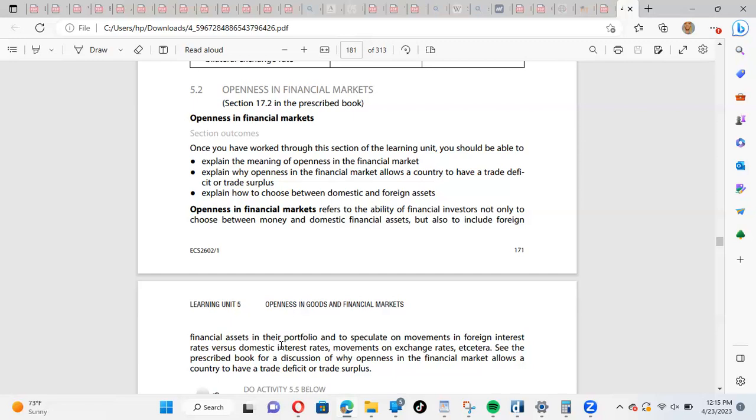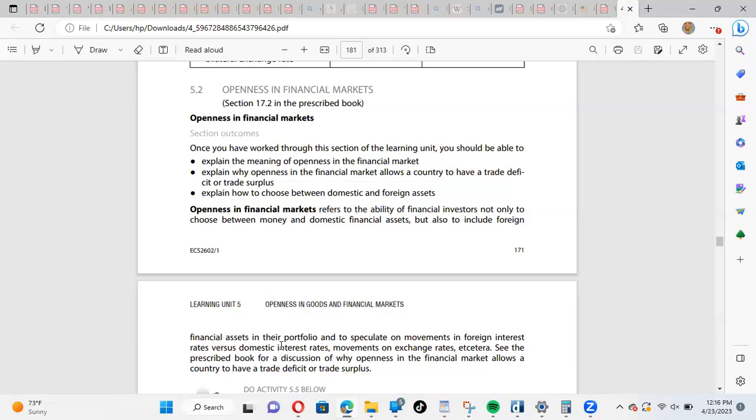So obviously, if the foreign assets are paying a lot more interest than the domestic assets, then it's only logical that you want to invest in the foreign markets. And if the opposite applies, then you would want to invest in the domestic market. Which is why the interest rates are very important there.